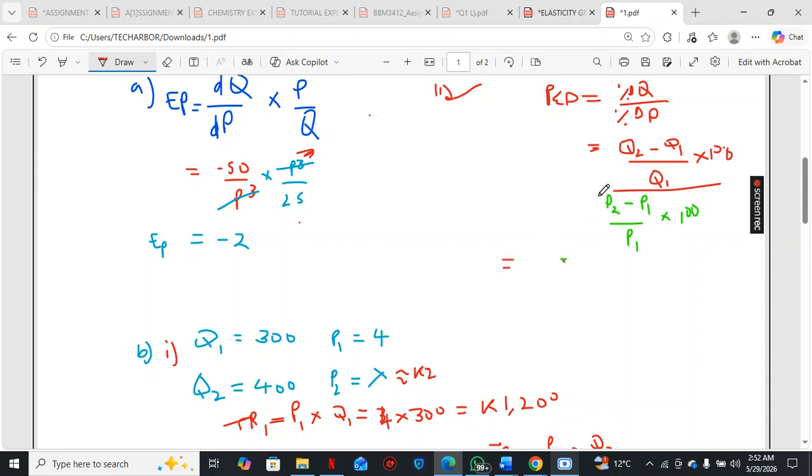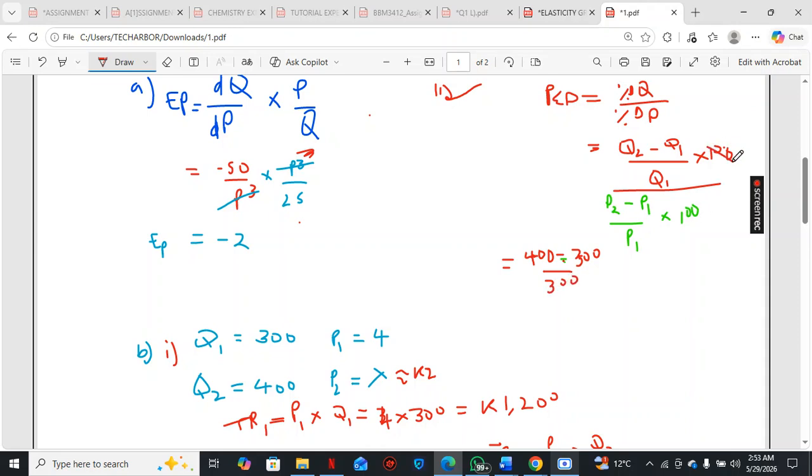So the percent change in quantity demanded: the new quantity demanded, 400, minus the old quantity, 300, over 300.